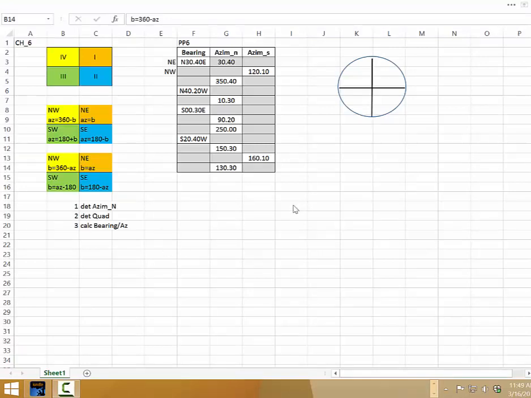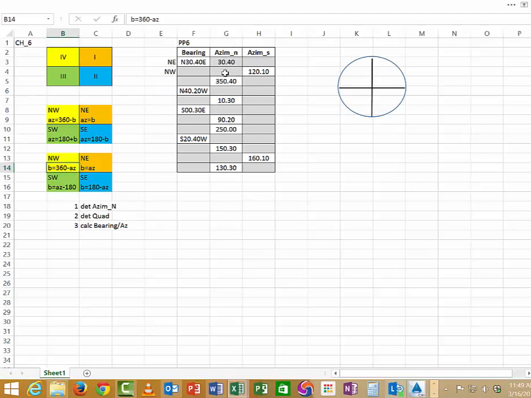So we can come back to this table, and what I like to do is determine the quadrant, or maybe determine the north azimuth first. Here, if the azimuth is 120 south, it'll be somewhere up in here. That would be the northwest quadrant.